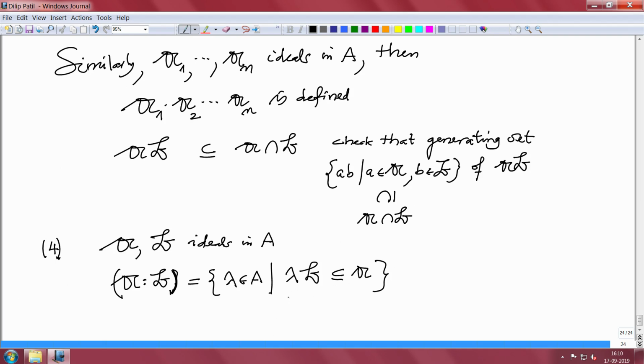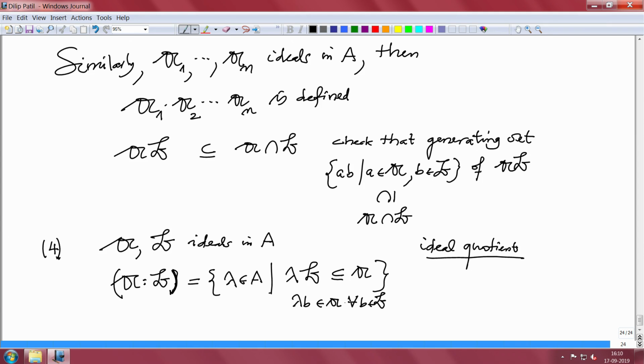This means for any b in 𝔟, λb is an element in the ideal 𝔞, for every b in 𝔟. This is called a colon ideal or ideal quotient.